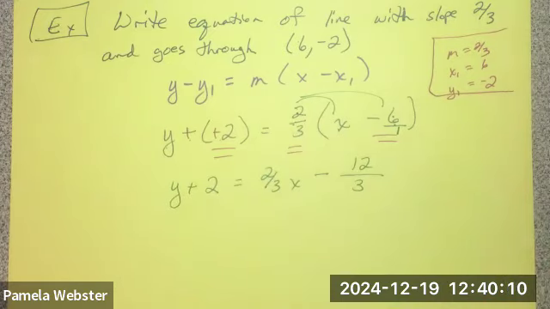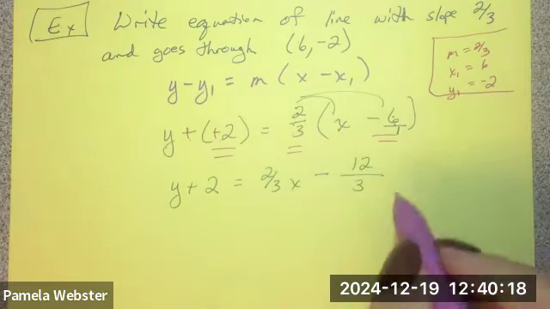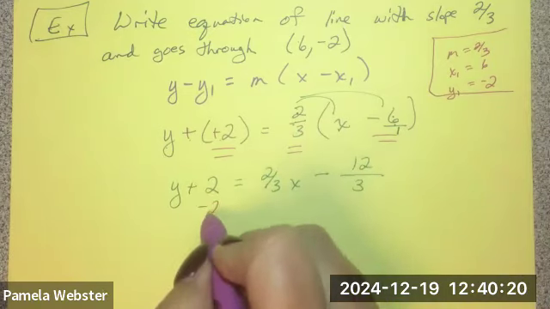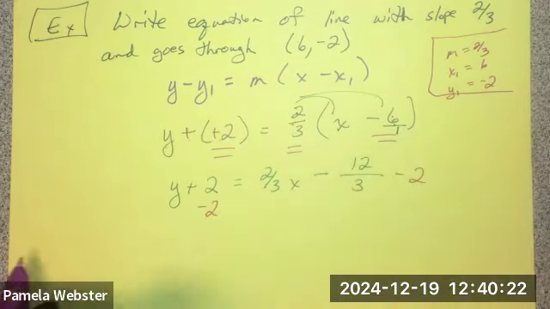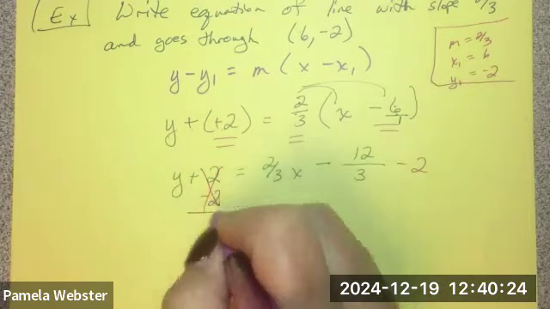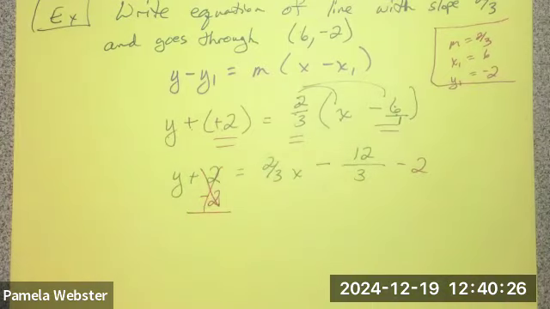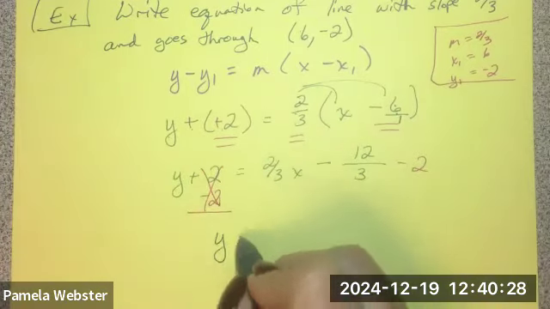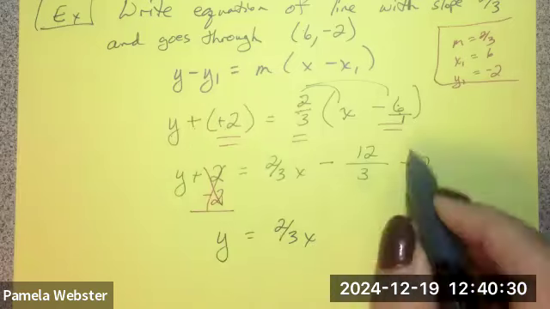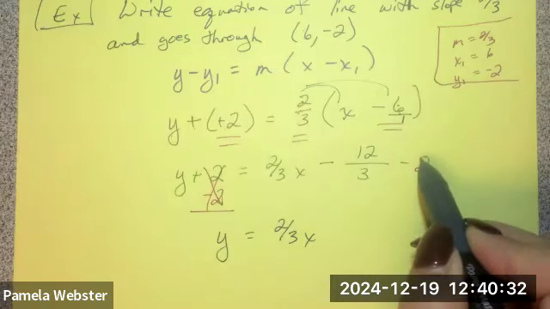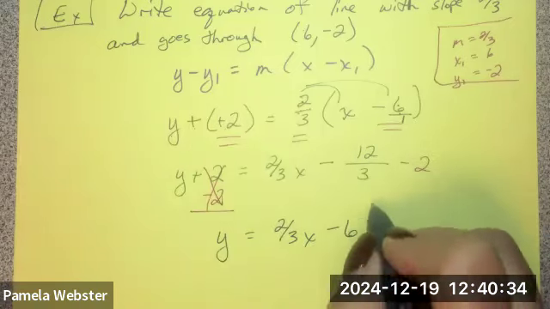But I know that I can make that a little bit nicer. 12 over 3 is going to be 4, right? And then the last thing, so I'll do that in a second, is I'm going to subtract the 2 because I want the y completely by itself. All right, so I've got y equals 2/3 x, this is -4, -2. That's going to be a -6.